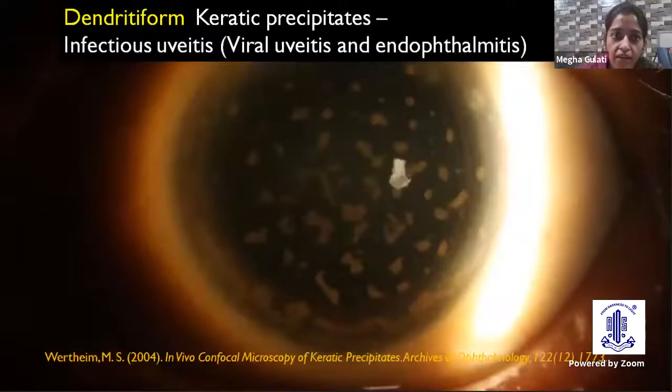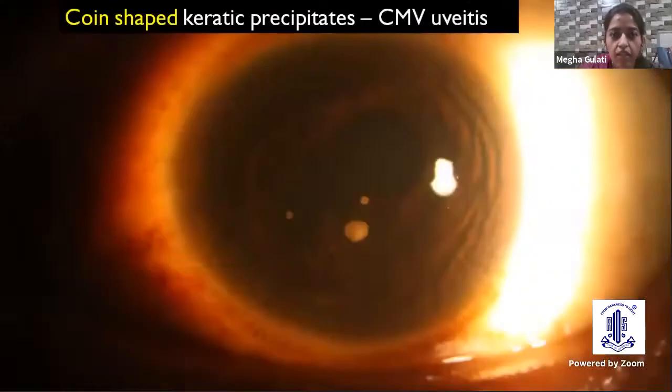Now, they can be dendritiform pattern also, where we have a central core of keratic precipitates and dendritiform pseudopodia projecting from each central core. They are usually described for infectious uveitis, in particular viral uveitis and endophthalmitis. Point-shaped keratic precipitates, as we all know, are characteristic of CMV anterior uveitis. So now we saw size and shape.